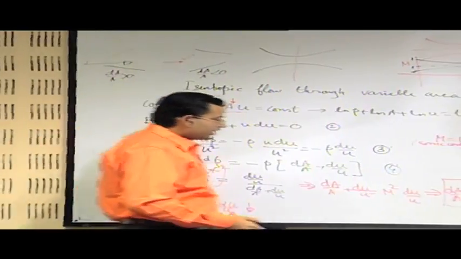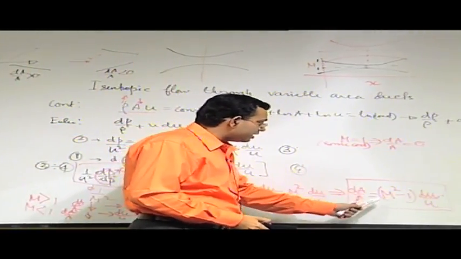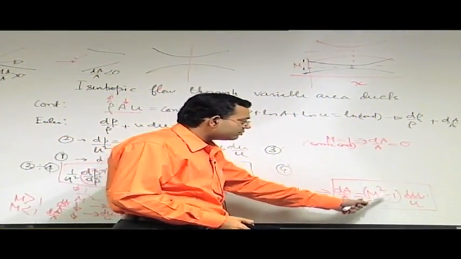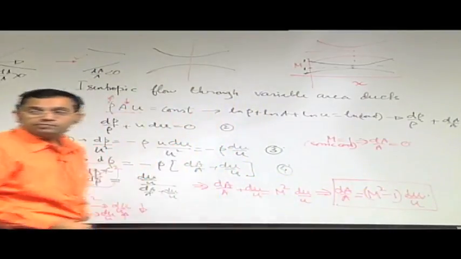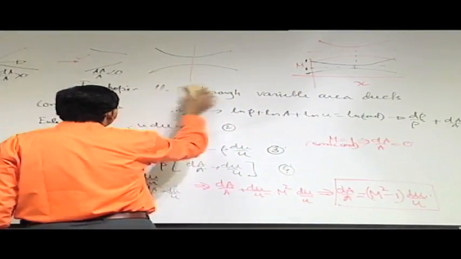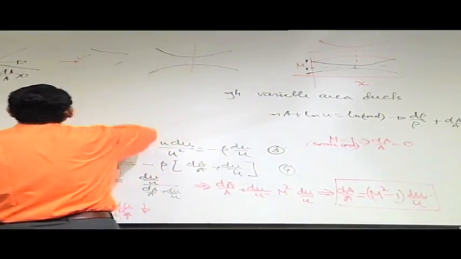Okay. Now it is also possible to write this expression of dA by A exclusively in terms of dM by M. So let us try to do that, because it will give an exclusive relationship between Mach number and the area.